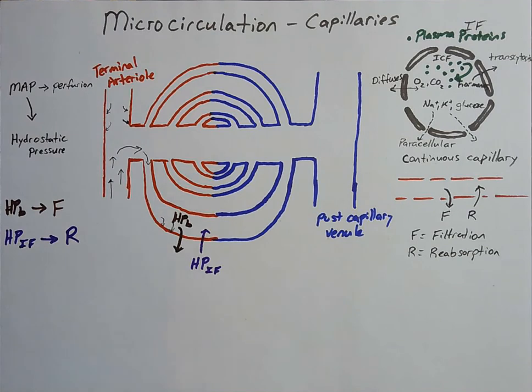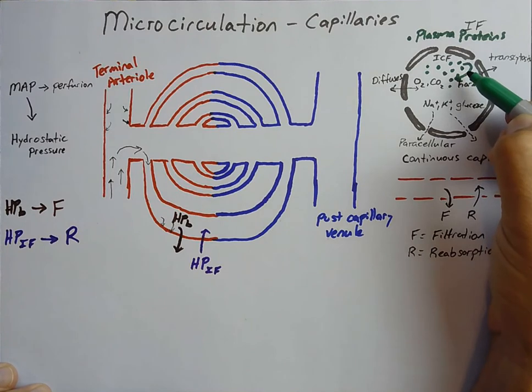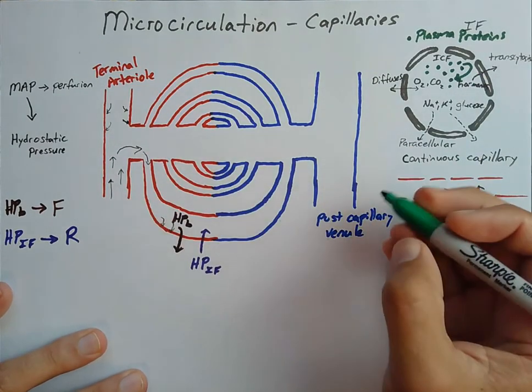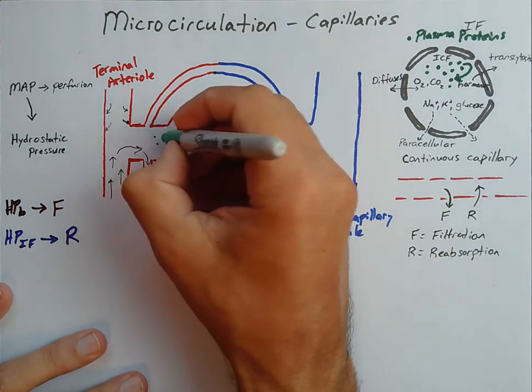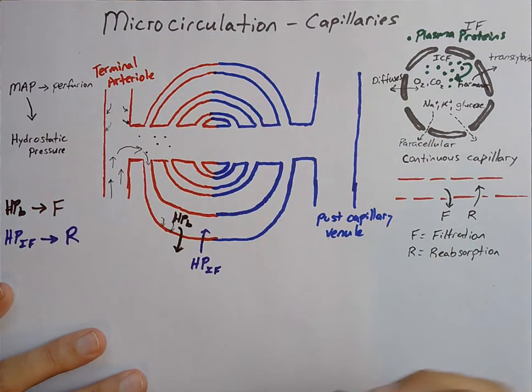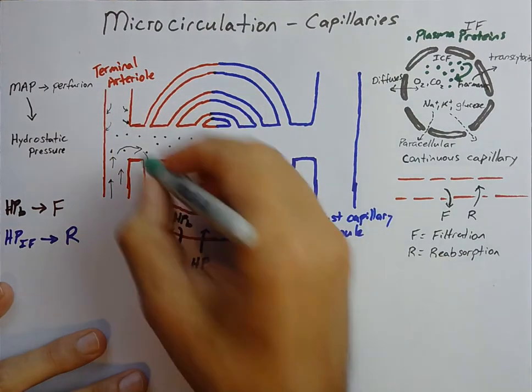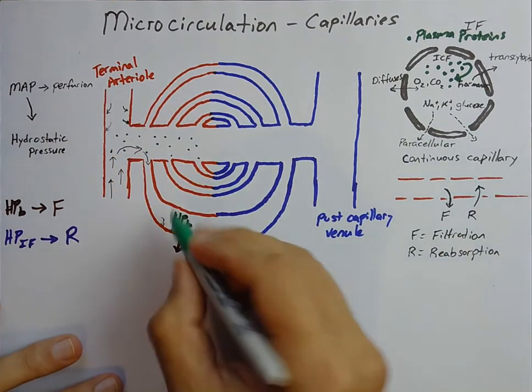But there's another variable that we want to talk about, which I started talking about over here, which is the fact that your blood constantly has proteins in it, right? Most of these proteins are produced by the liver. So the liver is going to have a huge impact in the concentration of proteins in the blood.